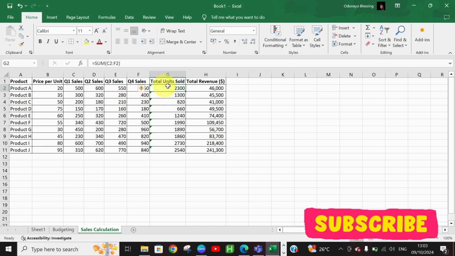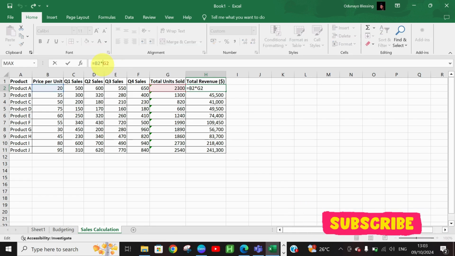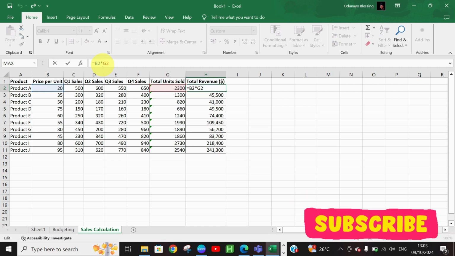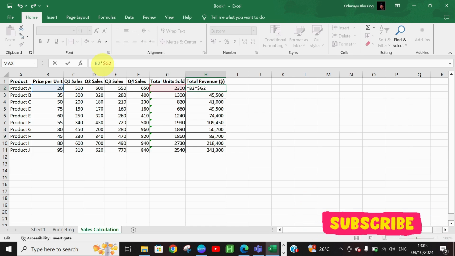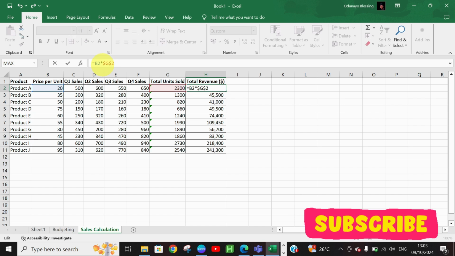So for us to get that done, we need to lock the total units sold. In locking the total units sold, we will have this, and we'll have this.